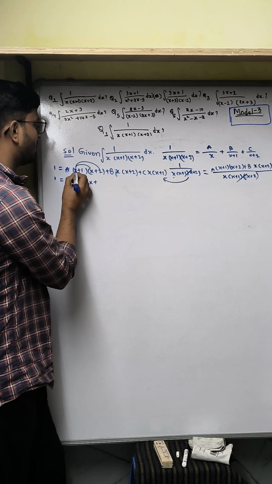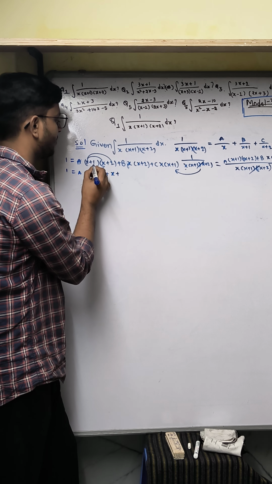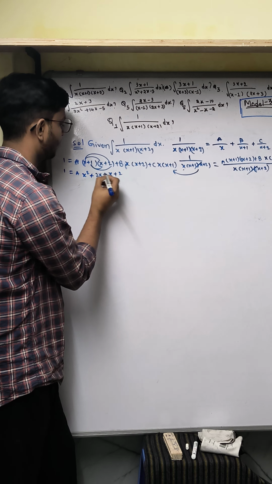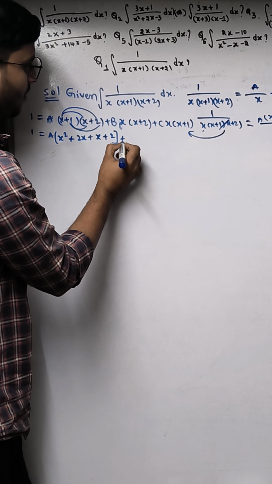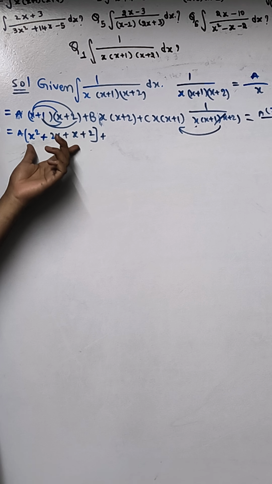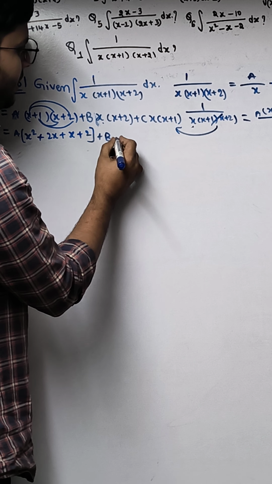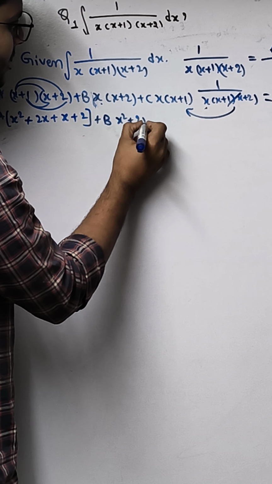Now 1 into x is x, and 1 into 2 is 2. We have to multiply to get this form. For B, x into x is x square plus 2x.